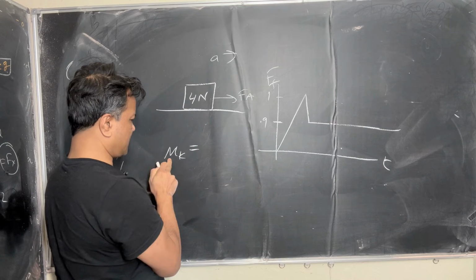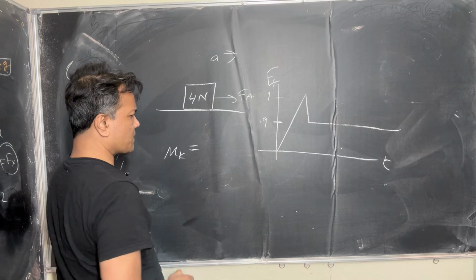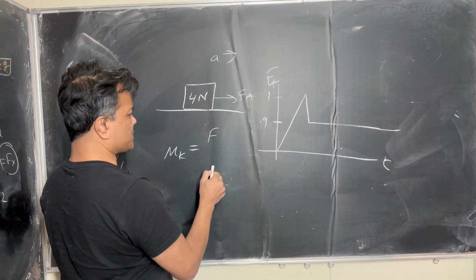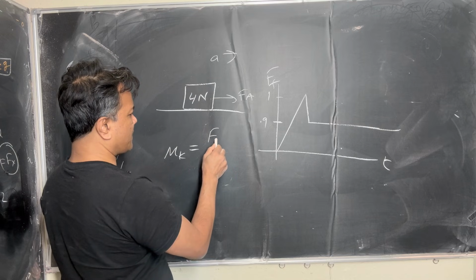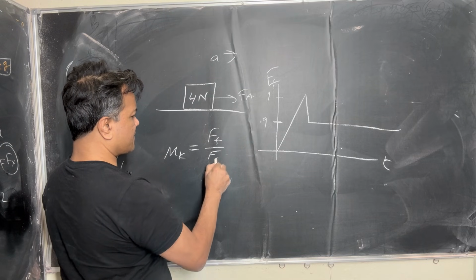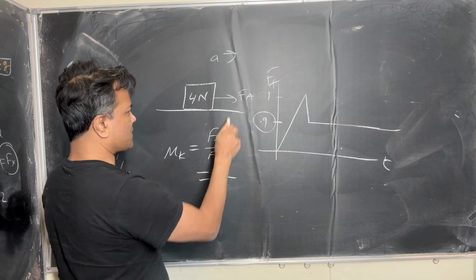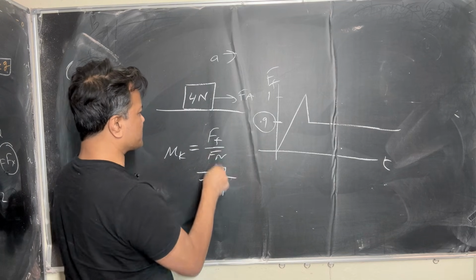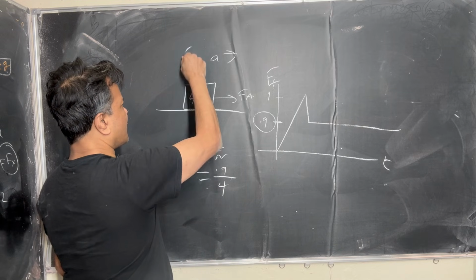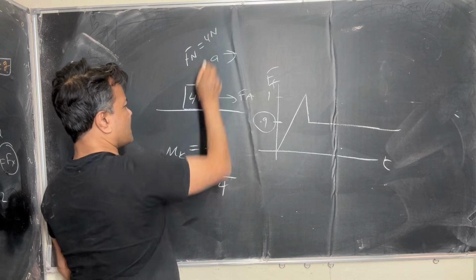If the object is moving, what is the coefficient of friction, the coefficient of kinetic friction? So this is Ff over Fn. Since it is moving, you're going to use 0.9. 0.9 divided by 4, right? Fn is 4 Newton.